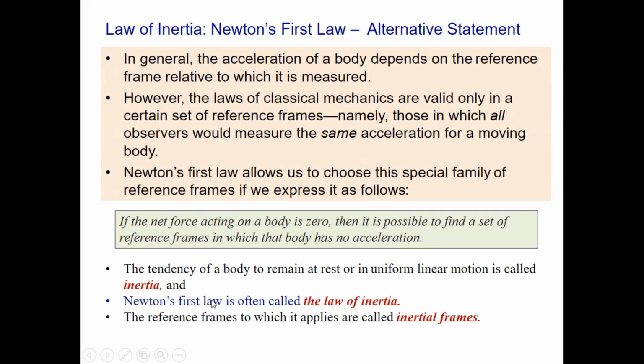That's why Newton's first law is also called the law of inertia. And all those frames where there is no net force acting on a body and there is a possibility that the body has no acceleration, such a frame of reference is an inertial frame.